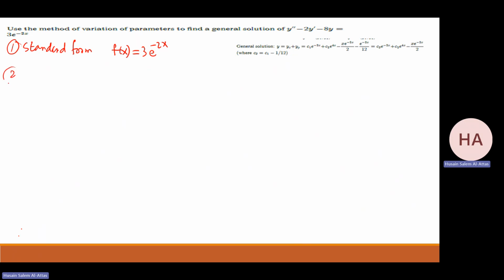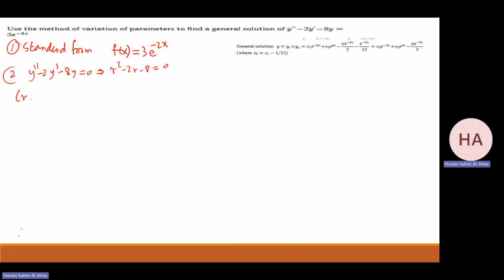Second step, I solve the homogeneous. I have y double prime minus 2y prime minus 8y equal to 0. And this one, I can factor it into what? I have the auxiliary equation r squared minus 2r minus 8 equals 0.